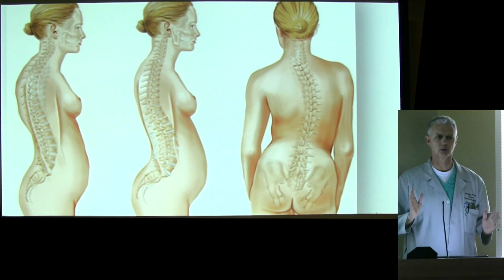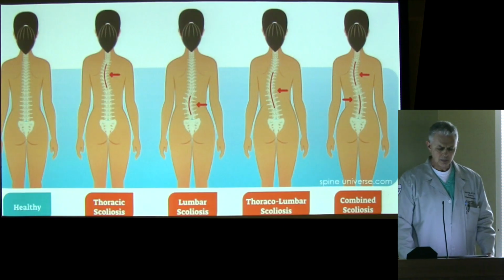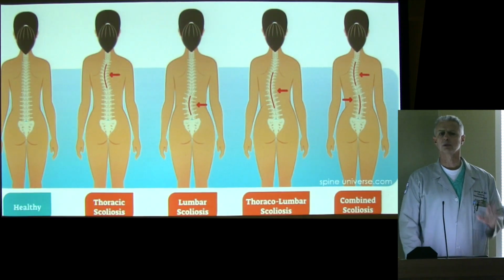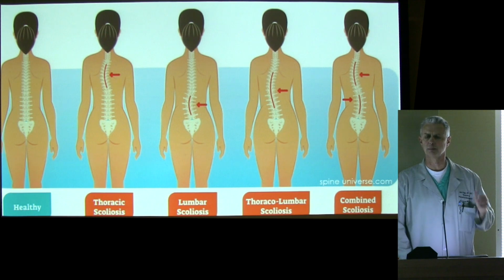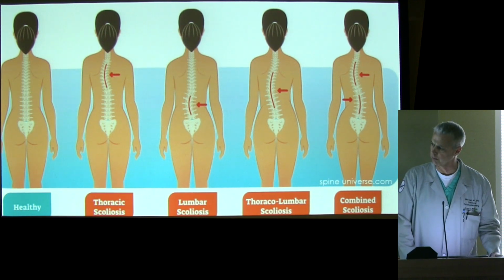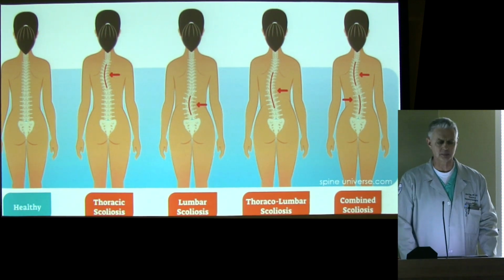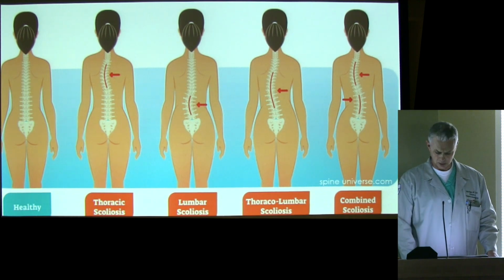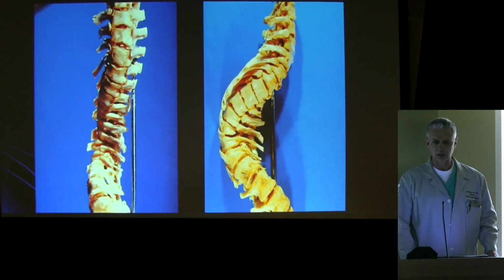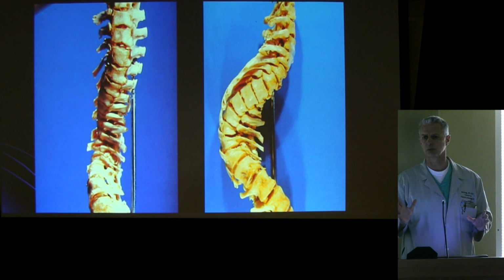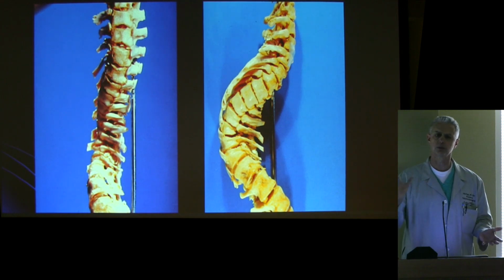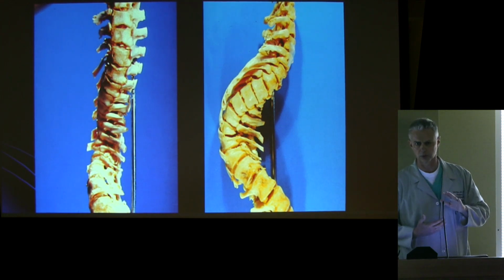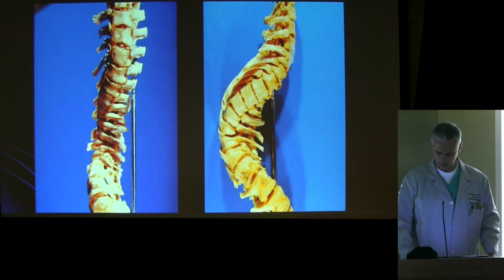And that's technically what scoliosis is. The curve can be at different places, and these are some of the different locations of the different types of curves. They're measured in degrees. And then there's a combination of curves where you have a mixture of the scoliosis with the kyphosis and lordosis, and it can become very complicated.